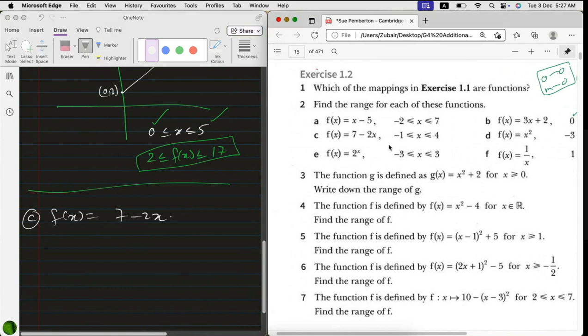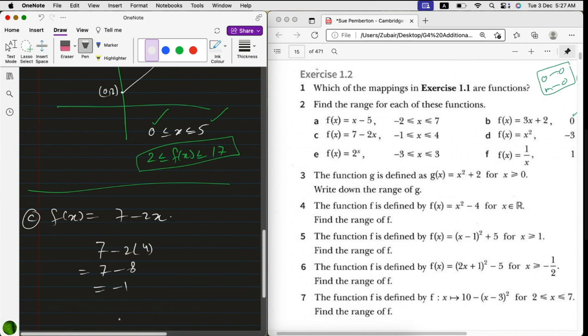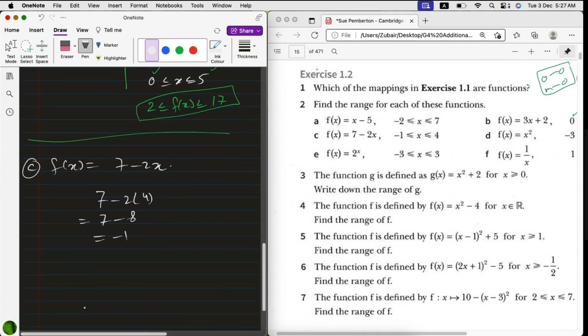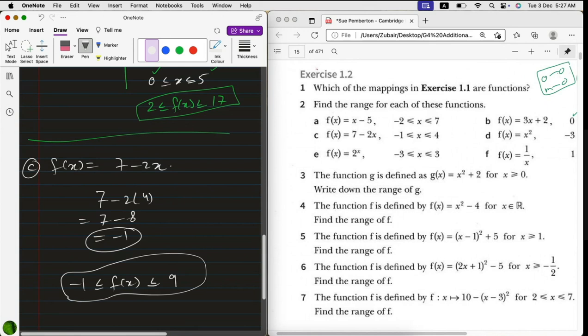No, it's not 1. When you're substituting 4, that is not 1. That is -1. Okay, so you're getting the lowest value at -1, less than or equal to f of x, and the highest value is by substituting 9. So this is your range for the given domain.